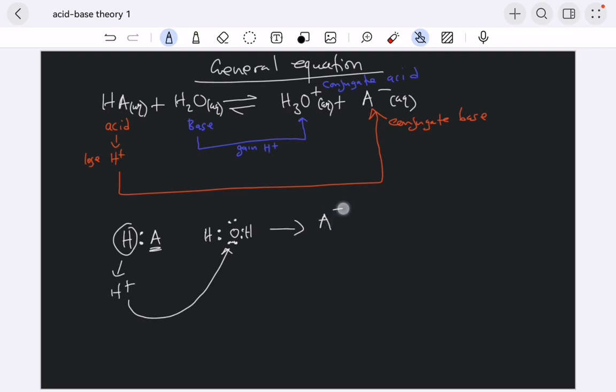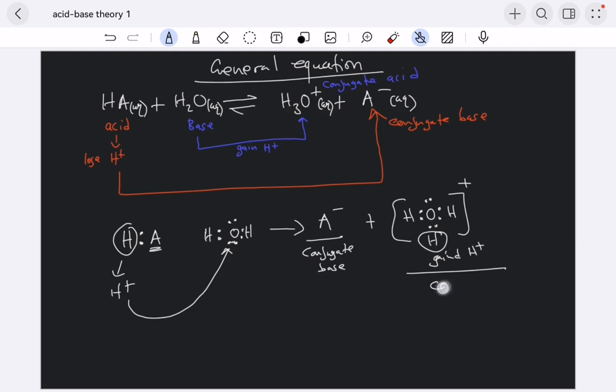Therefore, this becomes negative, then that becomes H, O, H, then this is the gained proton. Then it produces something like this. So this is what is referred to as a conjugate base. So a conjugate base is what is produced when an acid loses its proton, and then this becomes a conjugate acid.